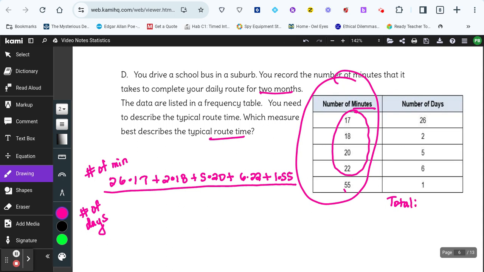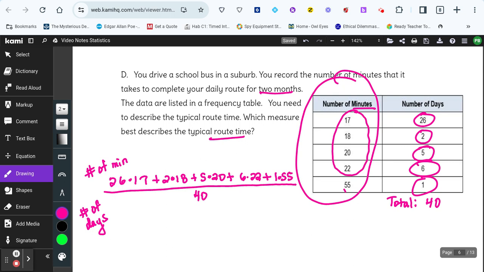Okay, so 26 plus 2 is 28. 28 plus 5 is 33. 33 plus 6 is 39. Plus 1 is 40. You know, you only go to school Monday through Friday. That's about 40 days, okay? So divide by 40, that's 2 months. 40 days in those Monday through Fridays in those 2 months.